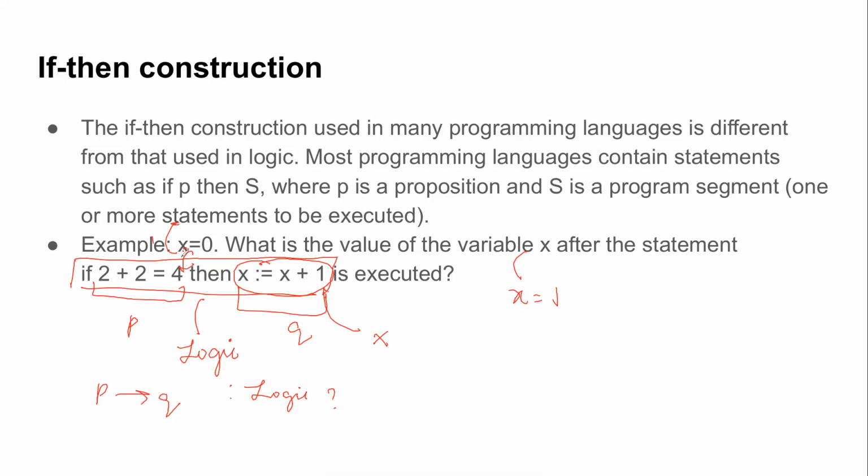What about others? Last little bit of brainstorming. It's not difficult. I have now given you p, and I have given you q and made it a proposition by putting the value of x as 0. Now you need to tell me, can it be evaluated? What will be the value?